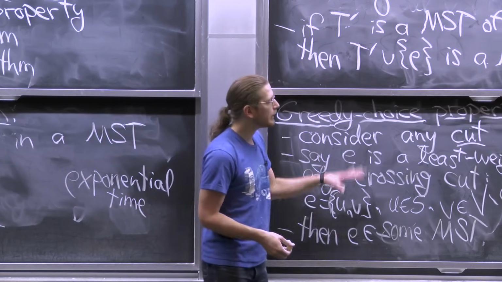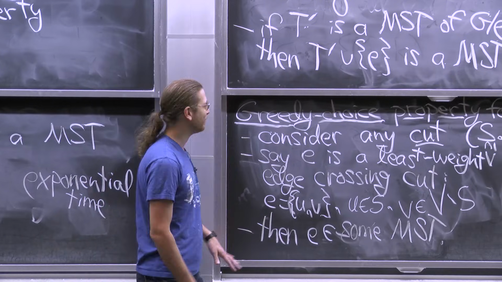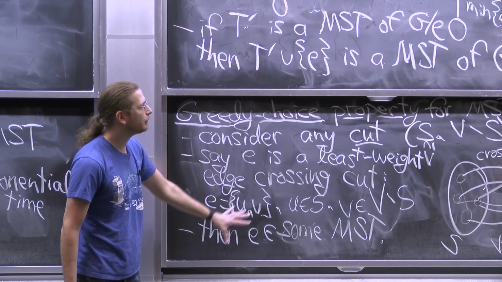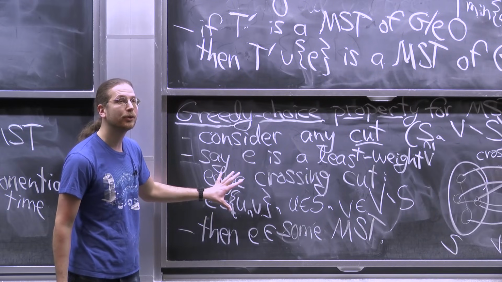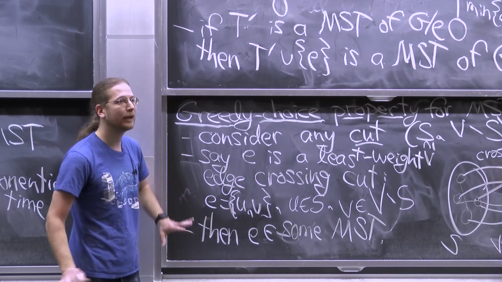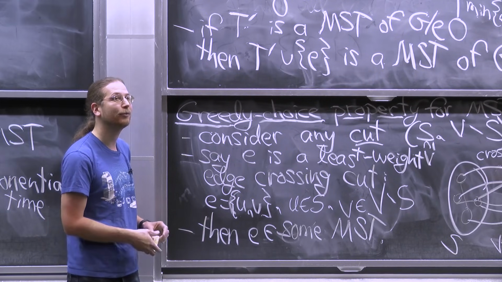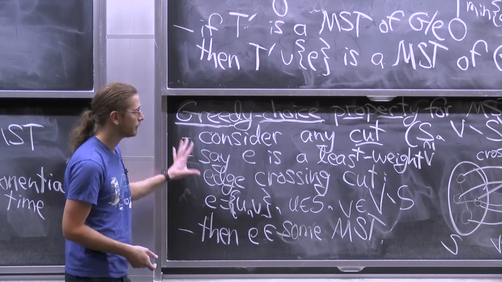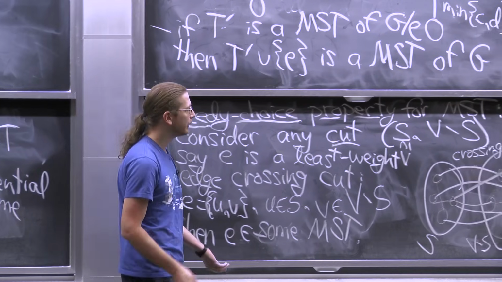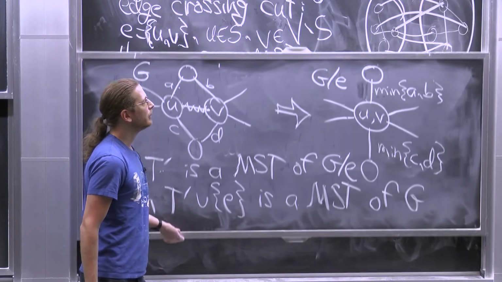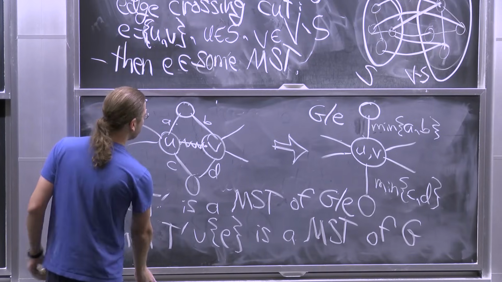I guess you contract and repeat, but that will be Kruskal's algorithm. But this is, in some sense, a more general tool that will let us identify edges that are guaranteed to be in the minimum spanning tree, even after we've already identified some edges as being in the minimum spanning tree. So it's a little more powerful. Let's prove this claim. This is where things get particularly cool.